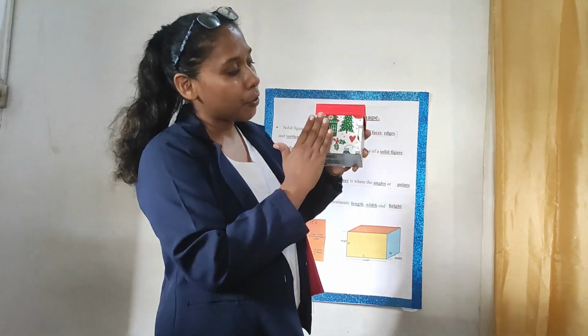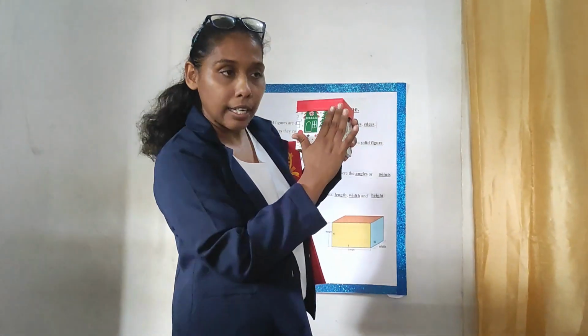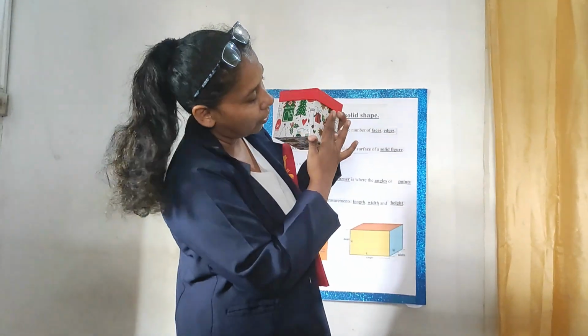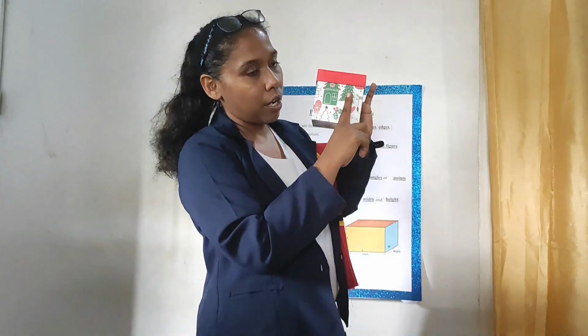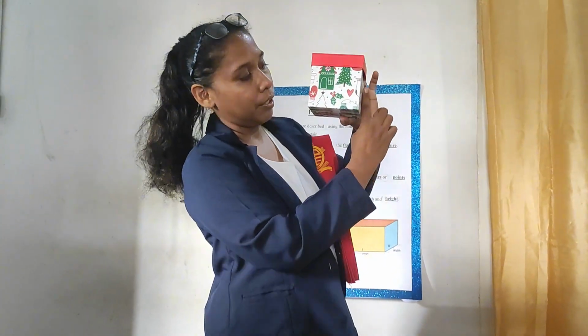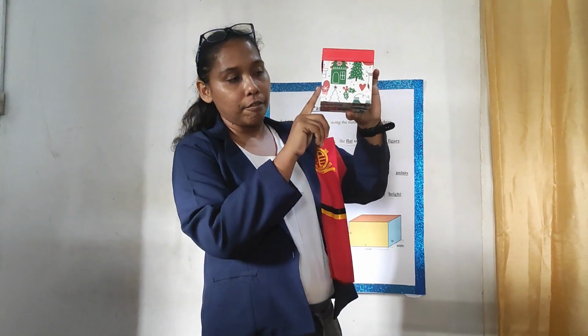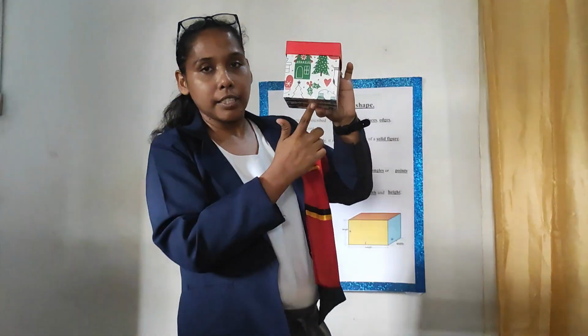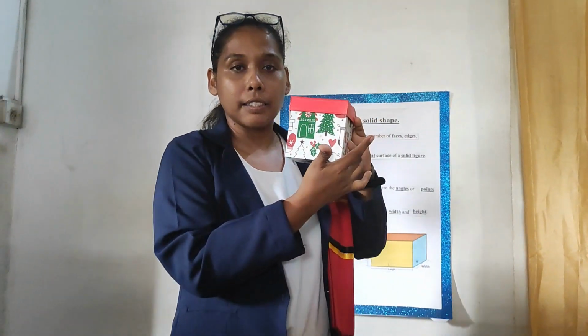Got it? So we could say this side here is a face. We have another face here. Let's count the faces on this cube. We have 1, 2, 3, 4, 5, 6. So we could safely say a cube has 6 faces.